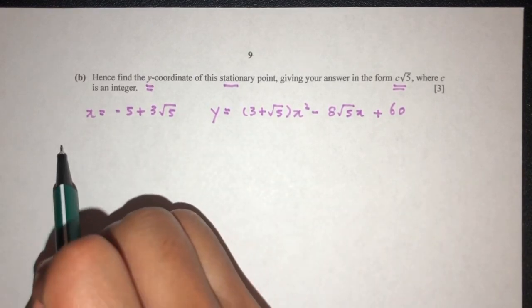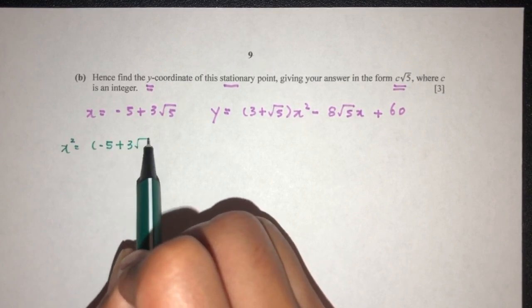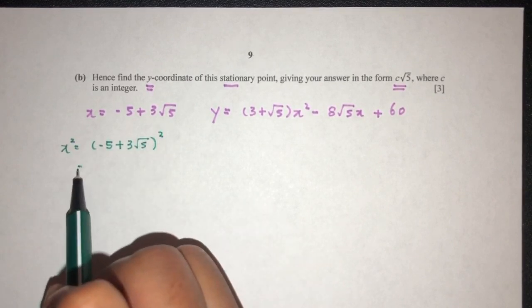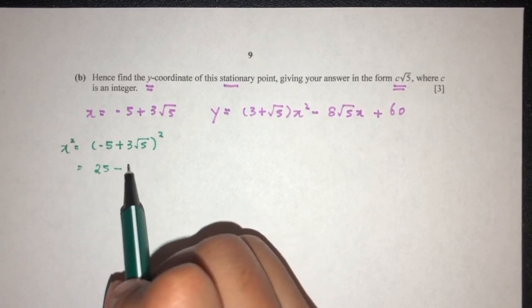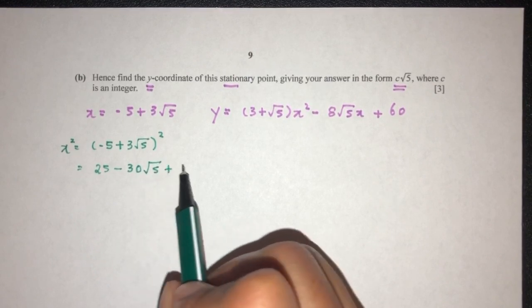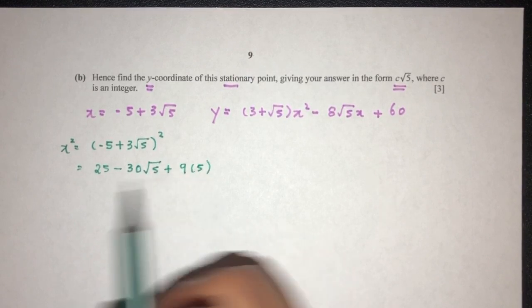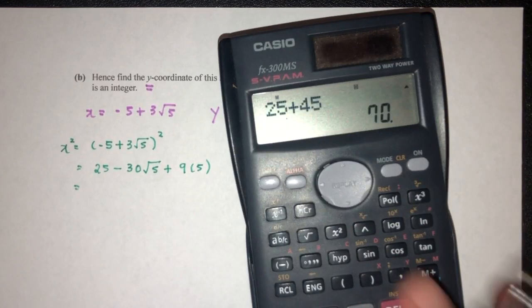So what is x squared? X squared will be (minus 5 plus 3 root 5) squared, that will be 25 minus 30 root 5 plus 9 times 5. That will be 25 plus 45, right? That will be 70 minus 30 root 5.